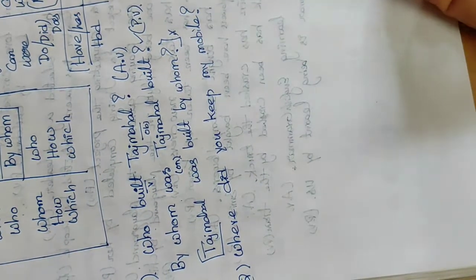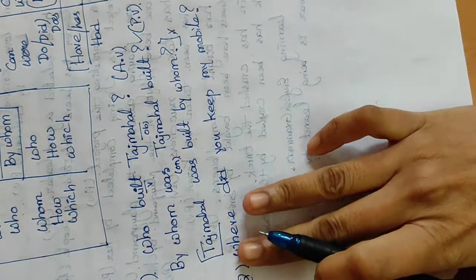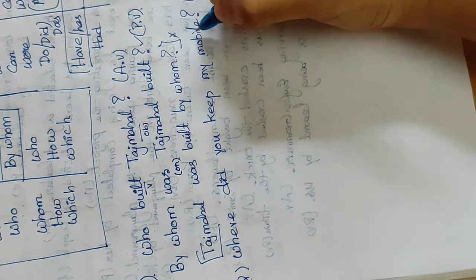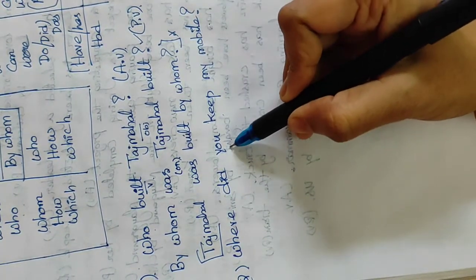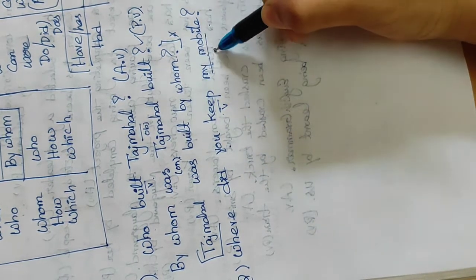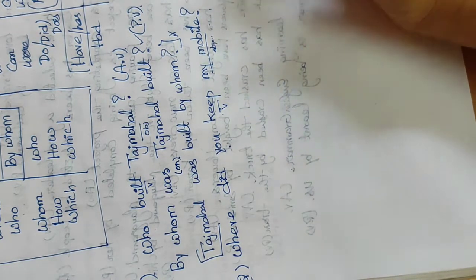You are asking. Here, this is the question word. Forget about that. So you keep my mobile, take this affirmative statement. You is the subject here, then keep is verb and my mobile is object. That we have to check. Object is there or not, we have to check. Then only we can do the passive form.